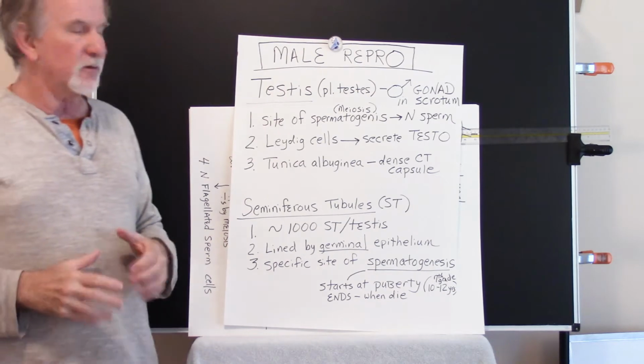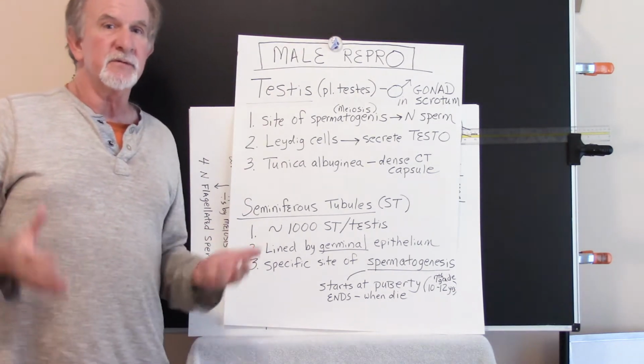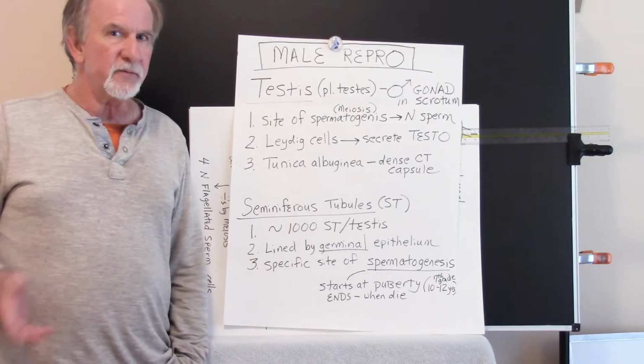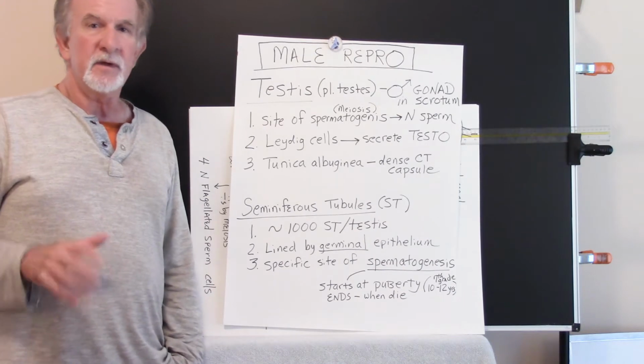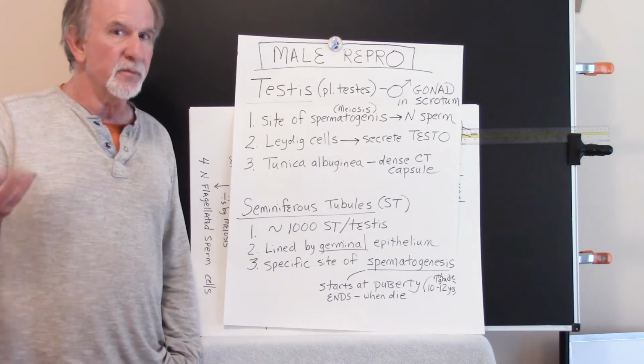So we're going to be looking at the reproductive system, and what's interesting about the reproductive system is it's a system that is not essential to the life of an individual because a woman, for example, can have the ovaries and uterus removed.